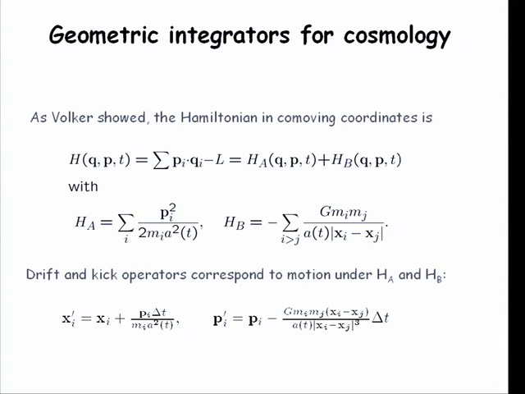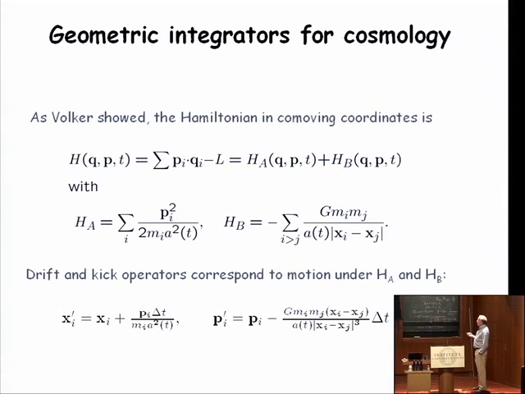Okay, so what are the other applications of these? One of them is simply a follow-on to some of the points that Volker made yesterday. You can use these techniques to generate an integrator working in co-moving coordinates. As Volker showed, you can write the Hamiltonian in co-moving coordinates as a combination of a kinetic energy term involving the scale factor and the co-moving momentum, and a potential term arising from the interactions between the particles.